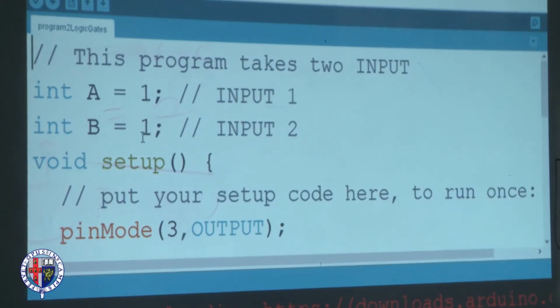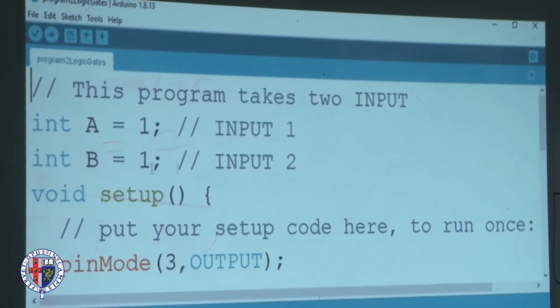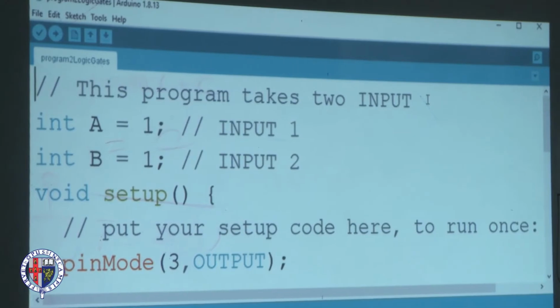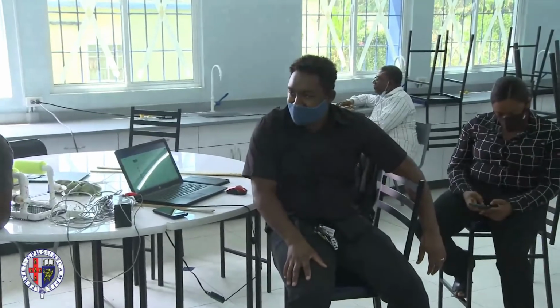Is it a case where we will know which of these boards are the gates, or are we trying to identify? You're identifying.